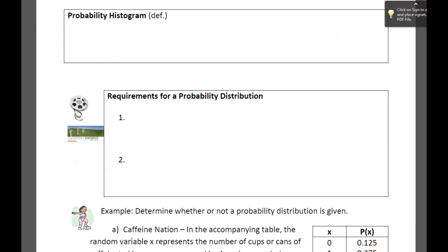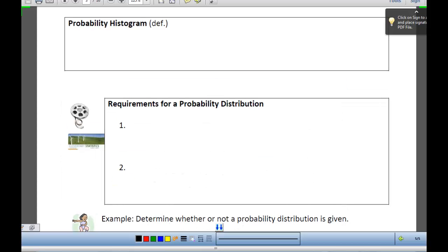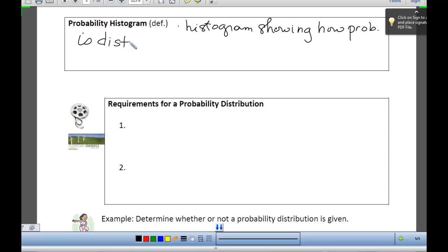A probability histogram is another one of those things that we could look at that would allow us to see how probability is distributed amongst the different outcomes. So it's a histogram showing how probability is distributed among the different outcomes.